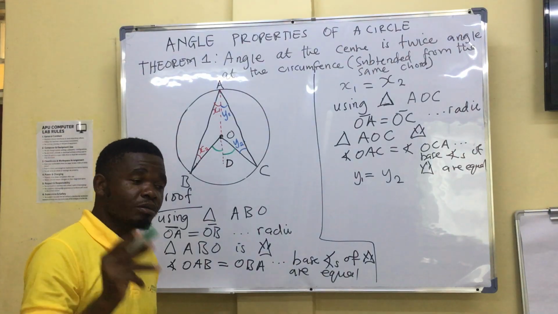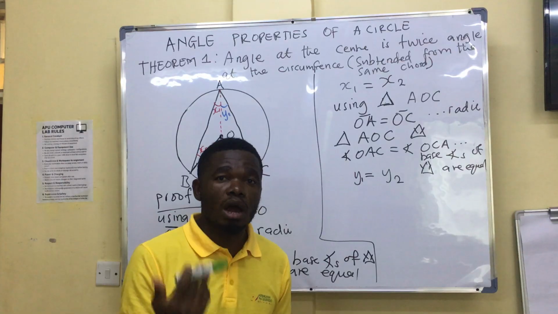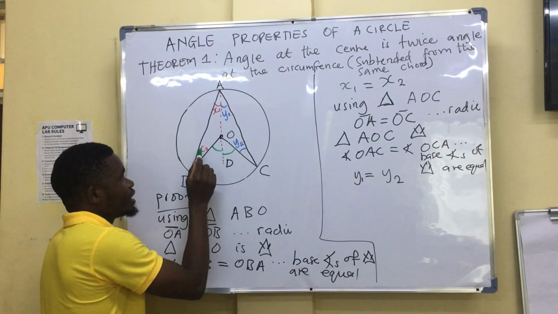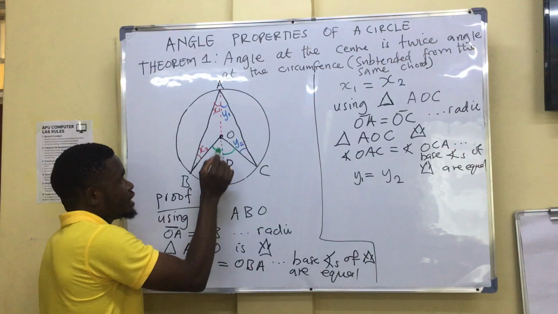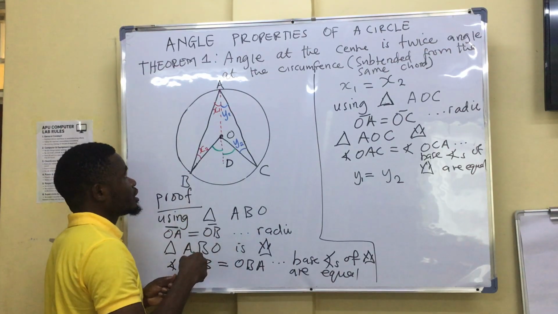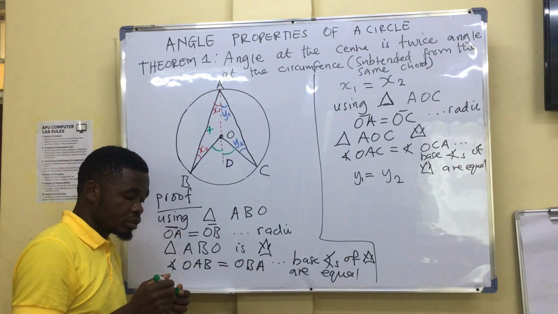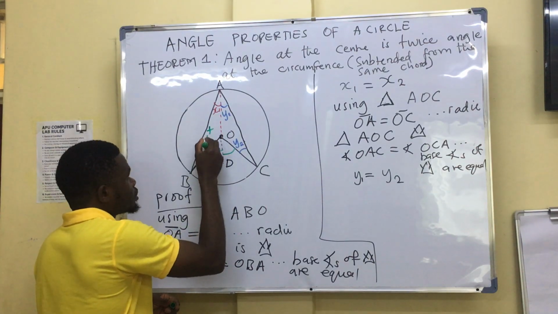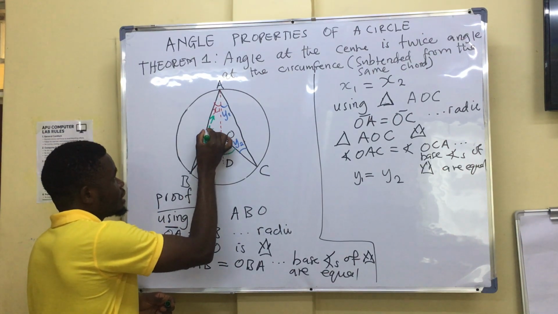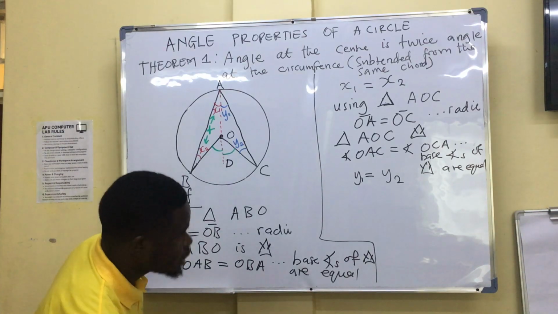So remember that theorem: an exterior angle of a triangle is equal to the sum of the two opposite interior angles. Meaning that we need to add this angle and this angle, and we'll find the value of that angle. Right? So let's continue.